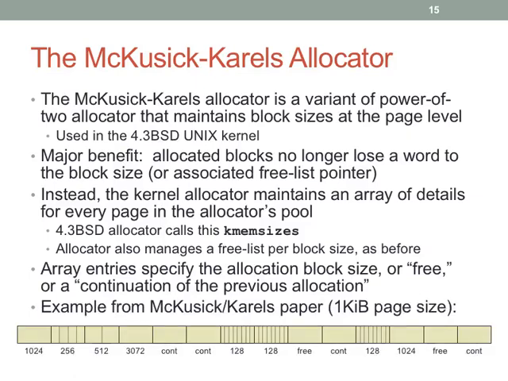Okay? So here's the example from the McKusick-Karels paper. That was for a machine with 1 kilobyte pages. And so you would have a description something like this. The first page is a 1024 byte allocation. The next one is 256 byte allocations. Then 512 byte allocations.